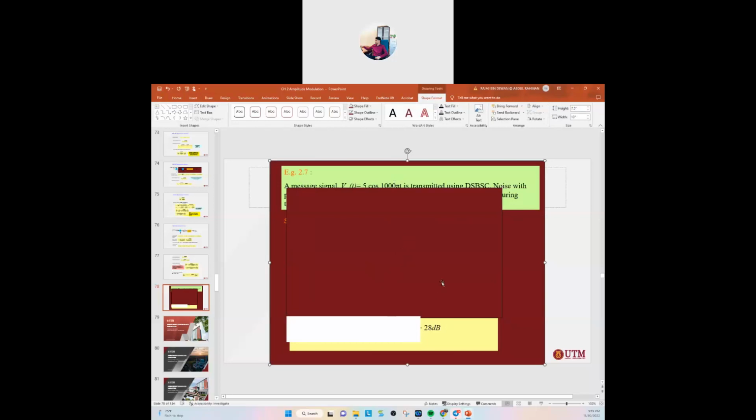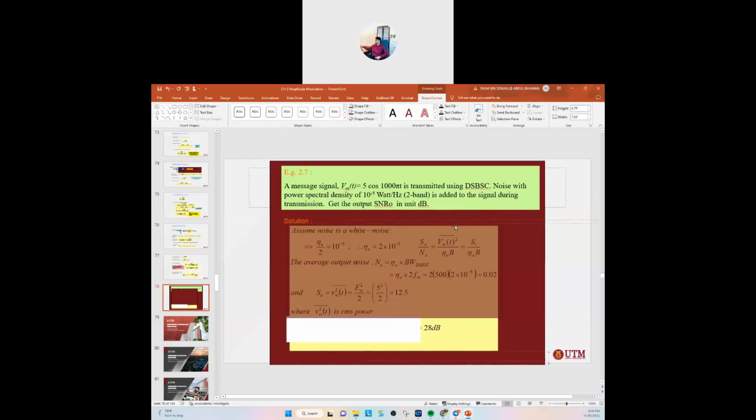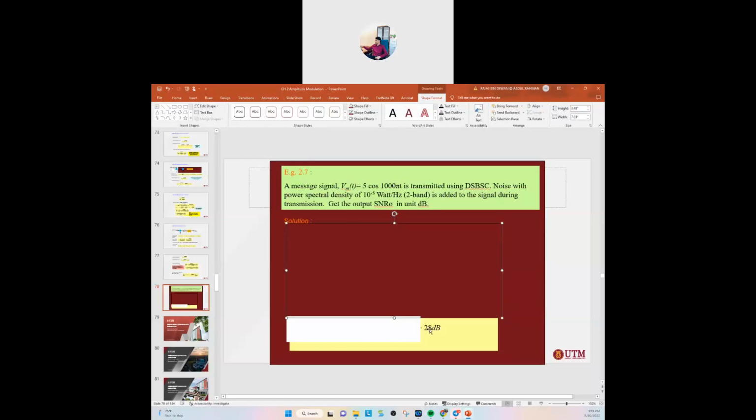When you don't have the step-by-step answer, you will try until you get 28, something like that. But if you already see the working steps, then you will not try. So the answer here is 28 dB. Okay, try first.